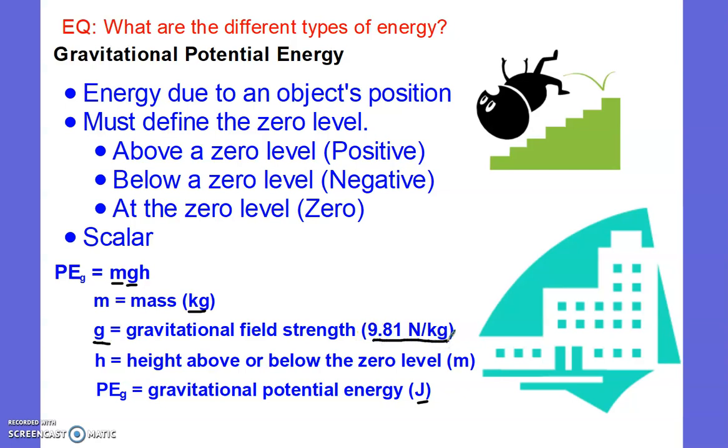It is a positive value. And then we have the height, and that height is the only thing that can be negative or positive in this formula. If the height is above, then it would be a positive. If the height is below, then it would be a negative. And if the height is at the zero level, then of course it is a zero potential energy.